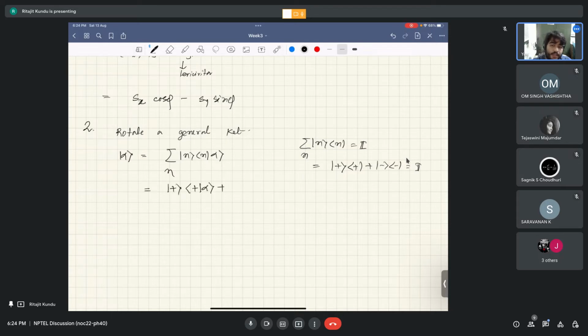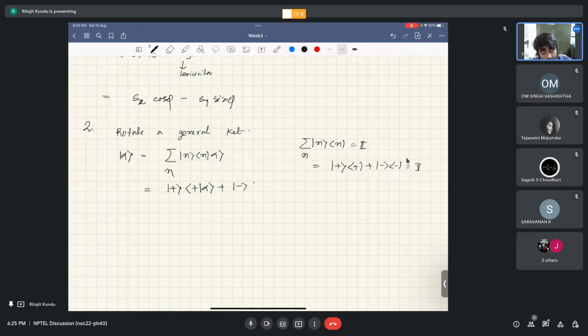So why do I always go to the basis of Sz? Because this is helpful: we are considering a rotation of the form e to the power minus i Sz phi by h bar, and it is helpful to consider the state in terms of the states of this Sz operator only. That way calculations become a lot easier, because these obey the eigenvalue equation, so calculations become easier if we expand the ket in terms of the plus and minus eigenstates of the Sz operator.